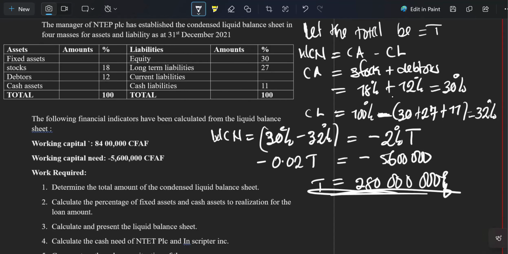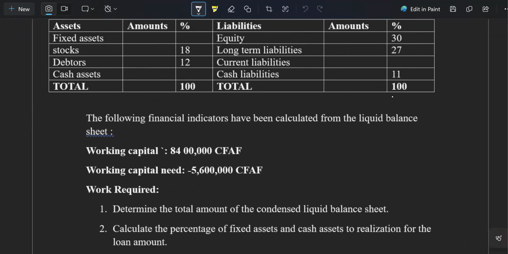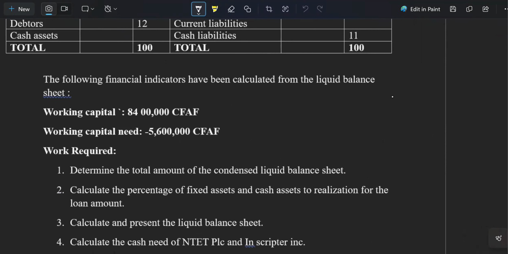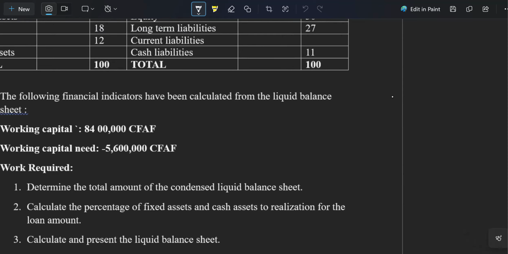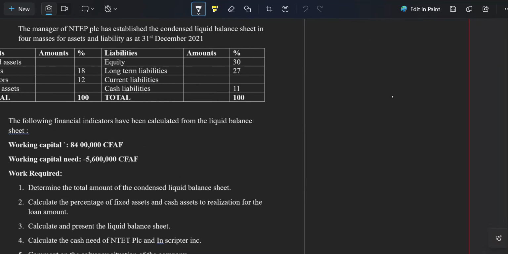Let's go to the second word required. We are expected to calculate the percentage of fixed assets and cash assets. Working capital is equal to durable resources minus fixed assets.